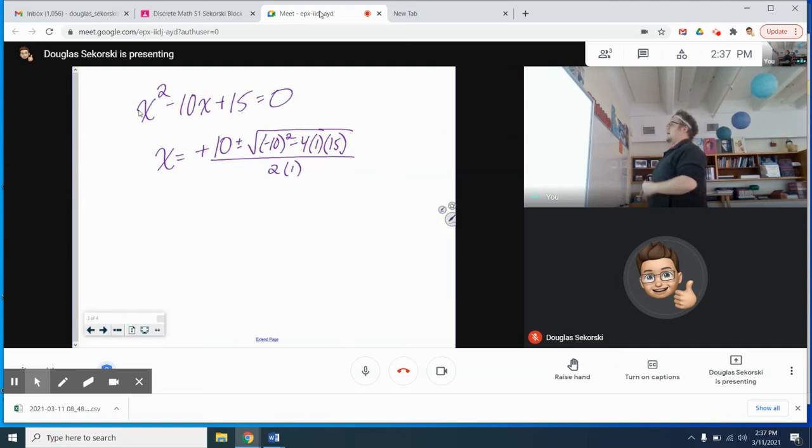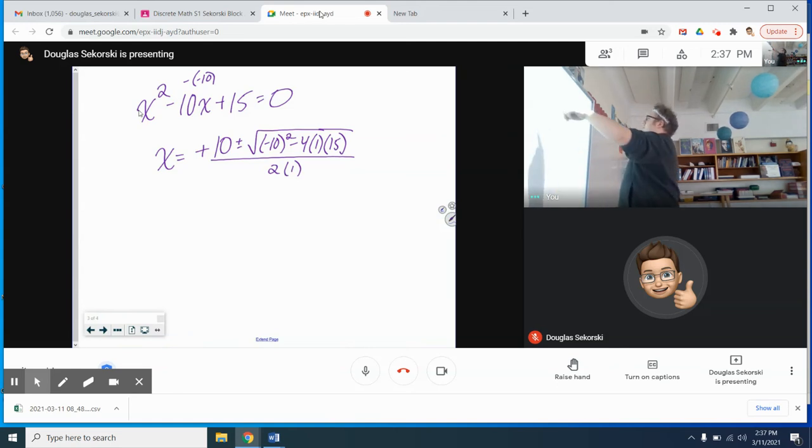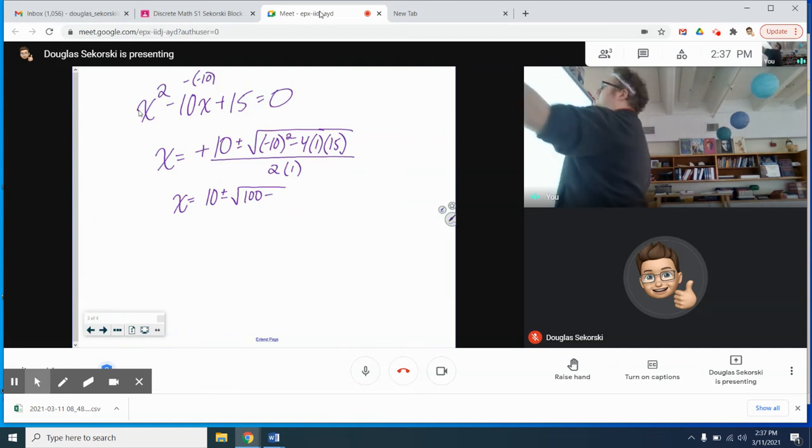Okay, x equals negative b. That's a plus or minus, right? Negative 10 plus or minus the square root of b squared minus 4ac over 2a. Yeah, that looks good to me. All right, so let's try it. We've got x equals 10 plus or minus the square root of 100 minus 4 times 15, which gives us 60.